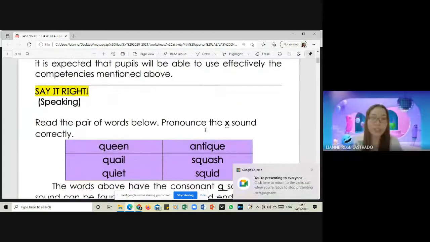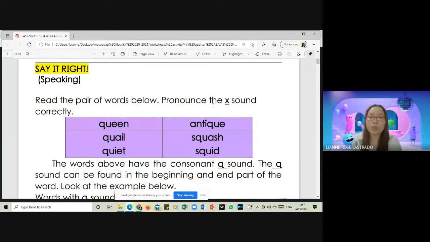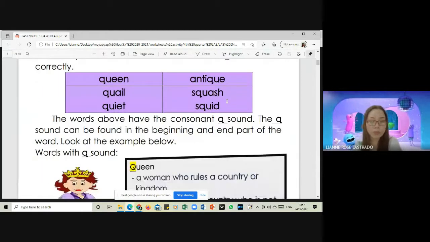Now let's have a speaking time. We are going to read the pair of words with kwa sound. I will read it first, and then you repeat after me. Is that clear, grade 1?